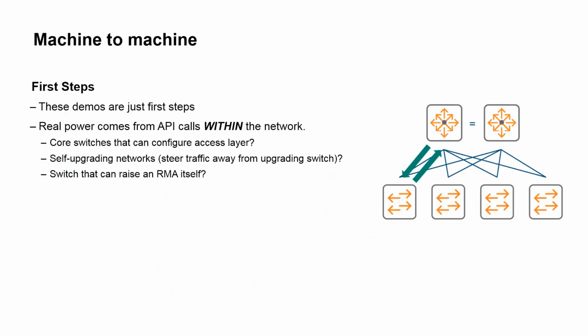So we're talking zero-touch provisioning, ZTP on steroids, where you have a device that you plug in, it fires up, and the core device can then start interacting and configuring it based upon certain information. You could have things like self-upgrading networks, where the devices can actually steer the traffic away from an upgrading switch. Imagine that, using API calls to configure the connected devices to say, hey, don't send traffic to me.